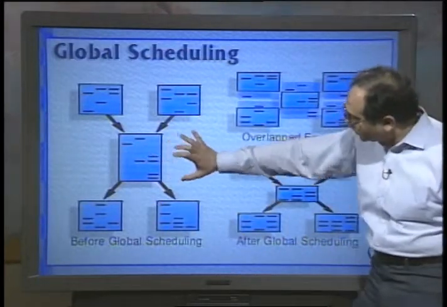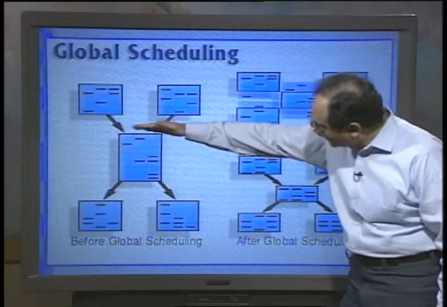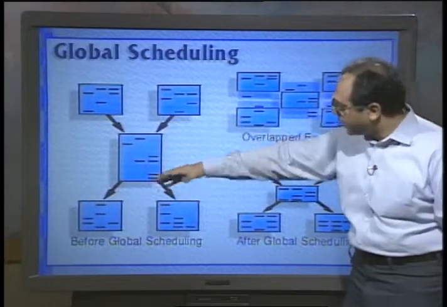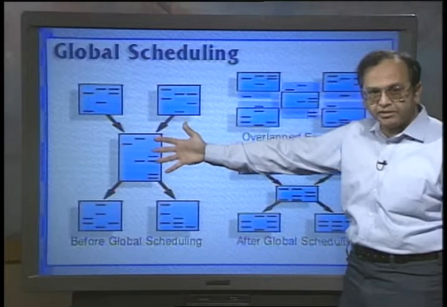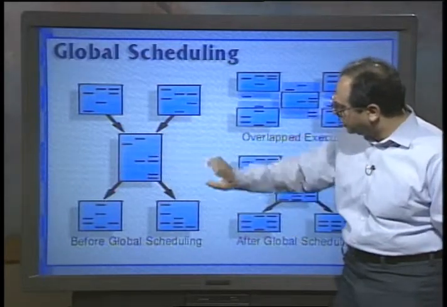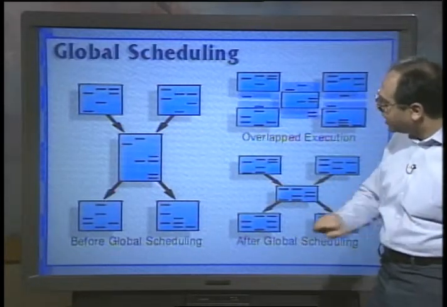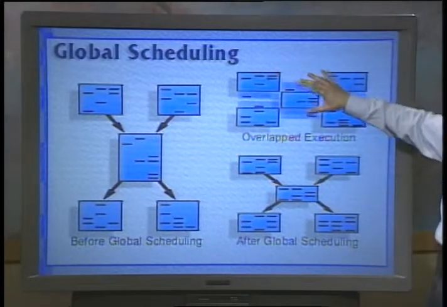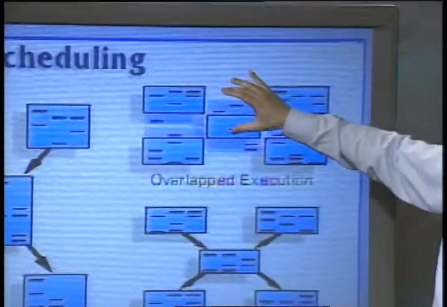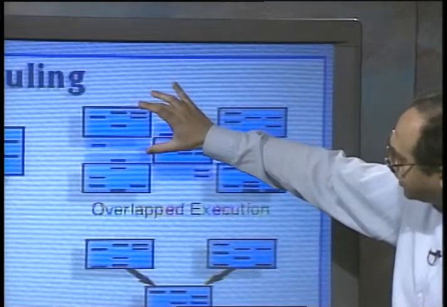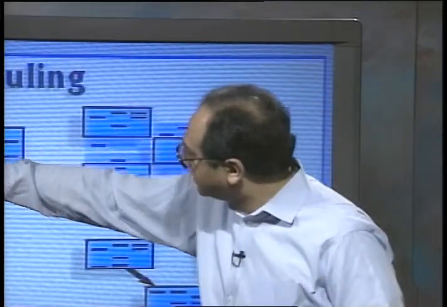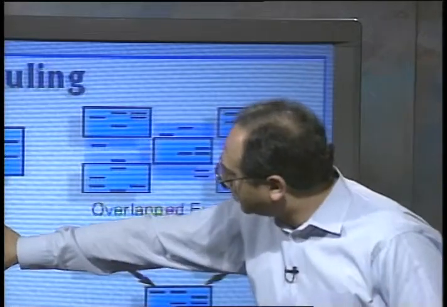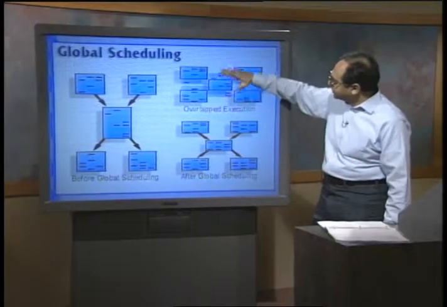Let's focus in on this particular basic block, and let's say we've already scheduled it, and this is the kind of sparse schedule we get, not particularly impressive parallelism. What we'd like to do is get the effect of running these basic blocks in parallel, executing them in parallel. So this corresponds to this basic block, and this basic block corresponds to this.